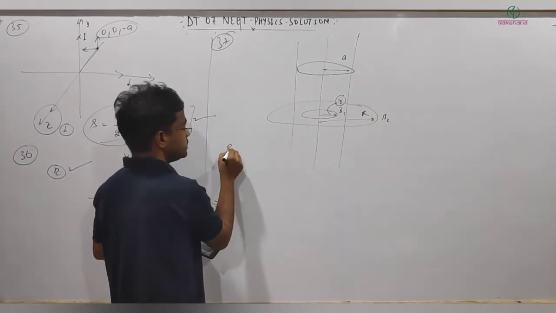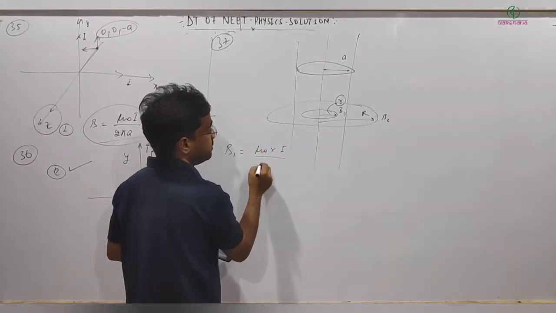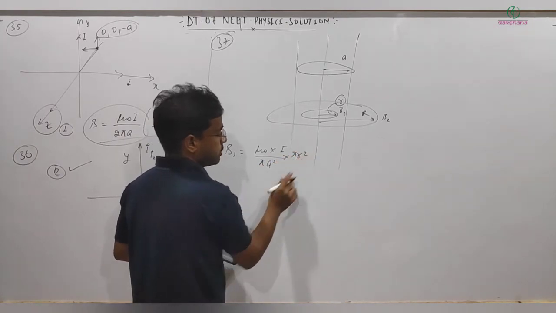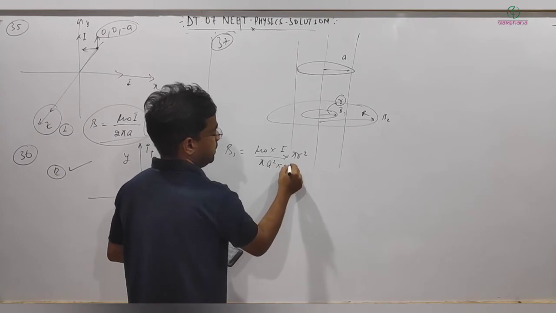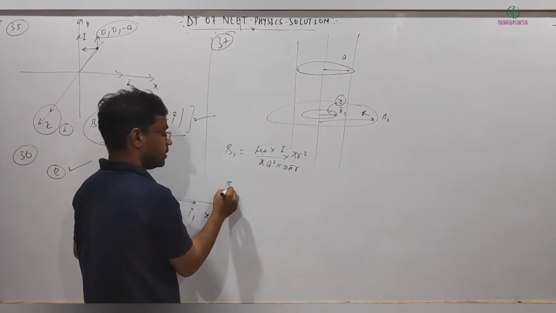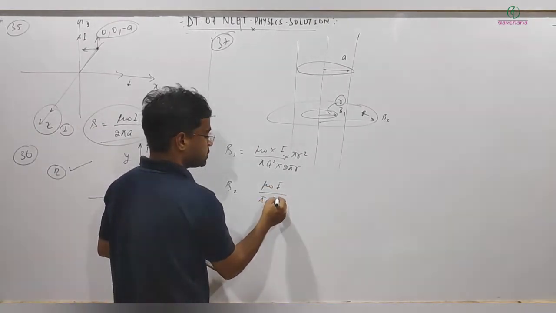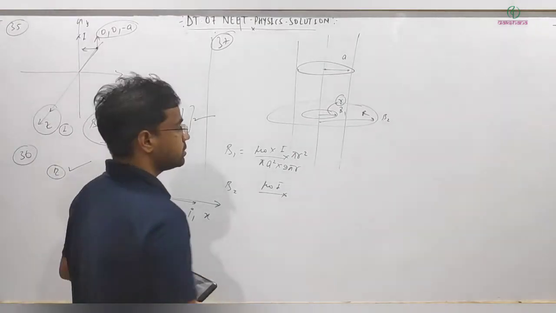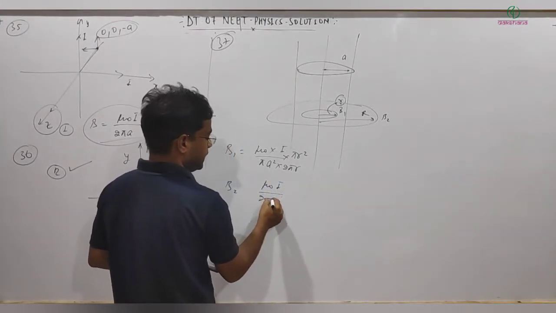Then B1 is equal to what? Mu naught times I enclosed, where I enclosed can be written as I divided by pi A square times pi r square, all divided by 2 pi r. This is B1. B2 is equal to mu naught times I divided by 2 pi R, since it is simply I enclosed for the outside point.